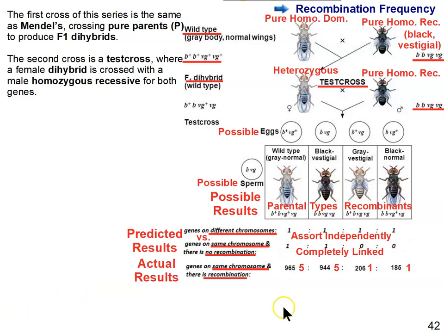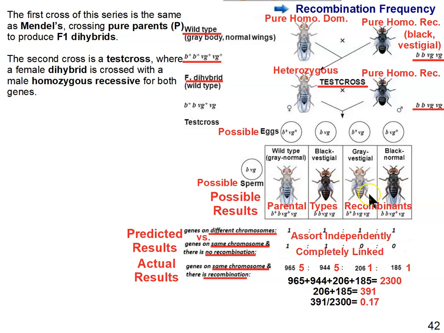But we need to find the frequency as a percentage, so the way we do that is to add up all the offspring, and that turns out to be 2,300 offspring. That's a lot of flies. And then we add up the number of recombinants, because what we're calculating here is the recombination frequency.